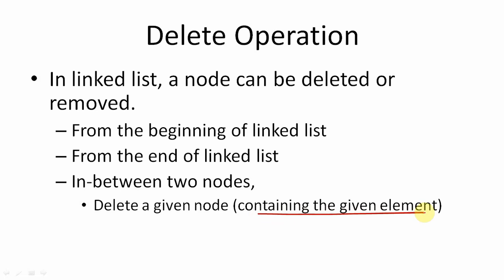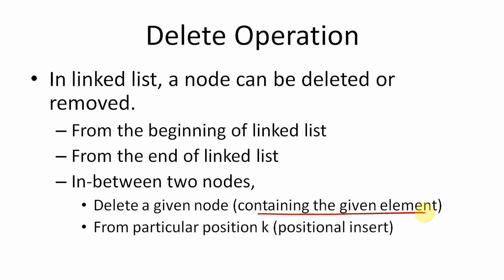We will change the previous node's next reference to the deleting node's next reference. What we'll do, we will update the next reference of the previous node with the deleting node's next reference, and that particular node will now be removed from the linked list.